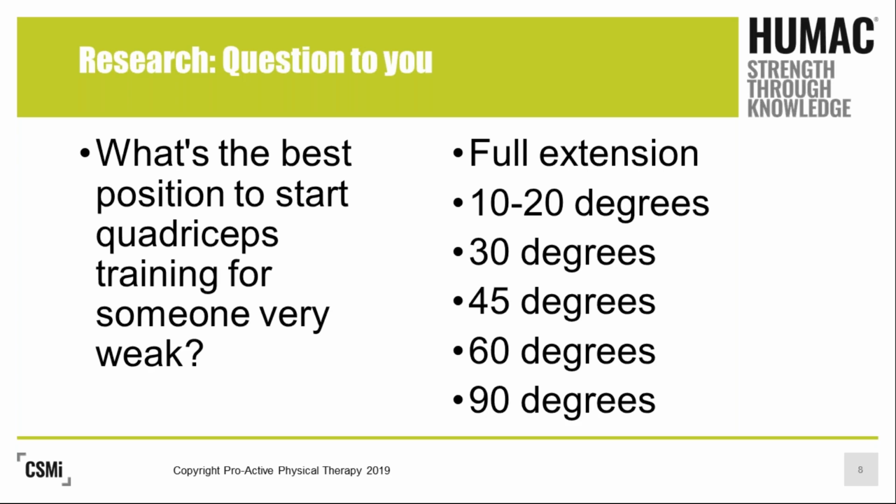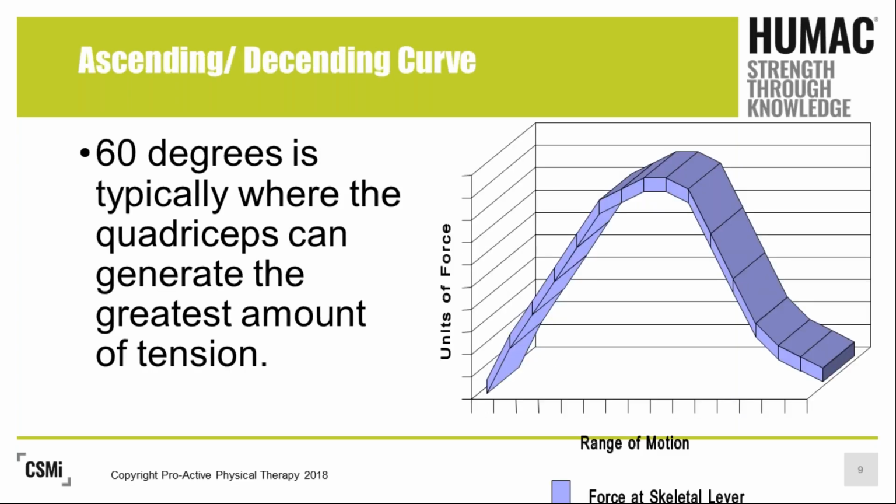But really, where is the quadricep as an ascending, descending curve? Where is it the strongest? Well, it's really strongest at about 60 degrees in the range of motion. That's where we can generate the greatest amount of tension. If we talk about the cross bridges between our actin and myosin, and if we look at the testing that's been done isokinetically and isometrically through multiple points in the range of motion, we know 60 degrees typically is where the quadriceps generate the greatest amount of tension.